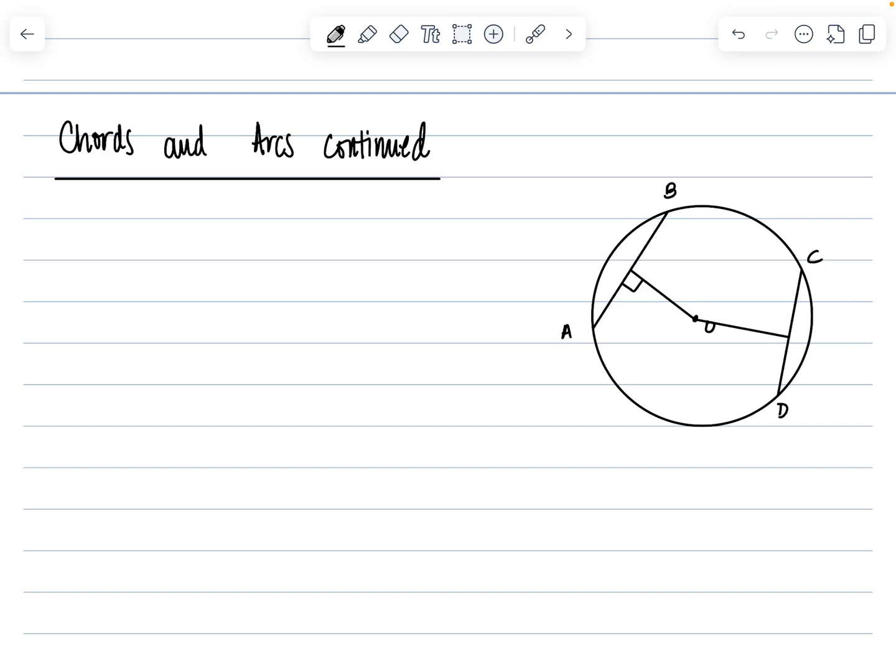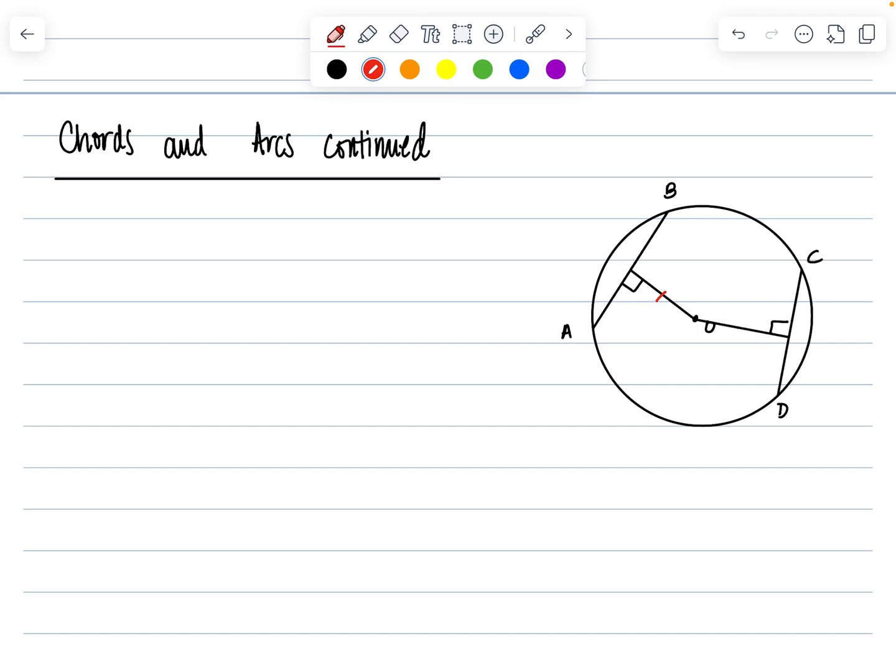So, in this particular case, if we had two chords that were equidistant, meaning they had the same distance away from the center, then we would actually have congruent chords.